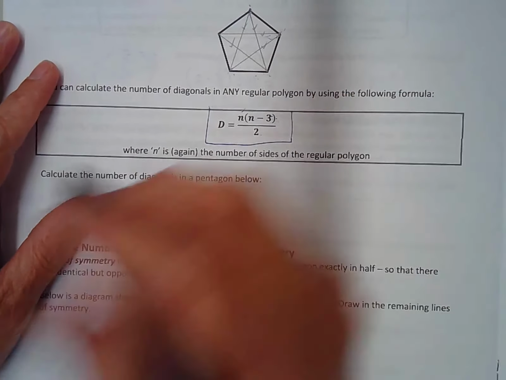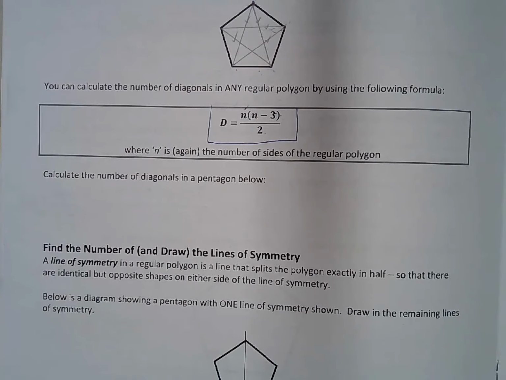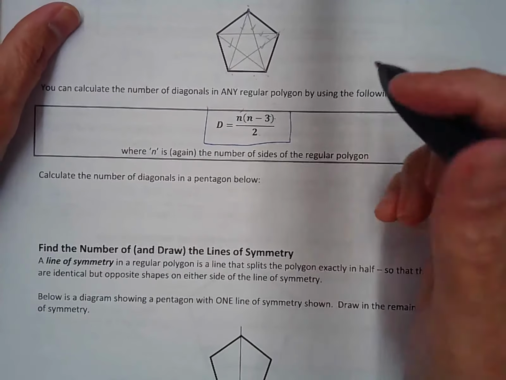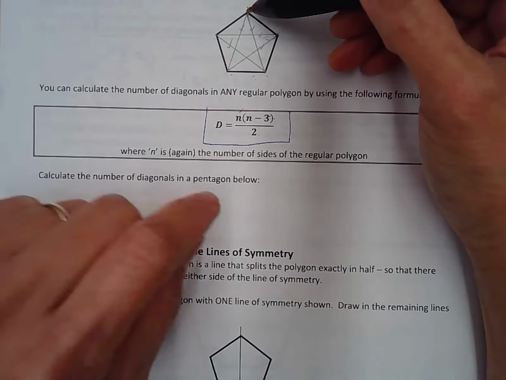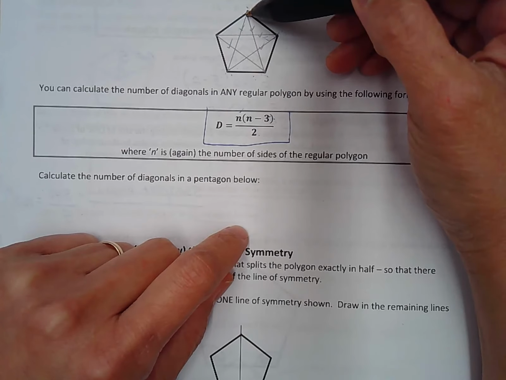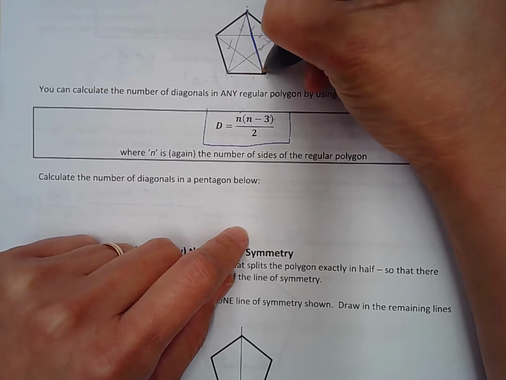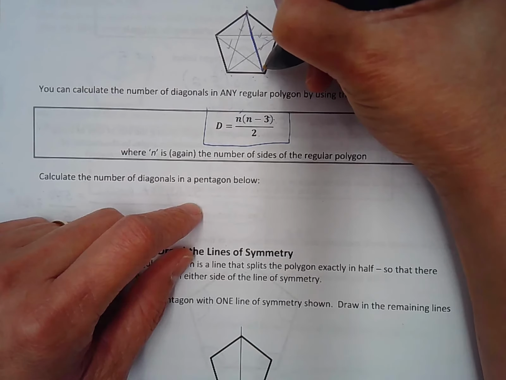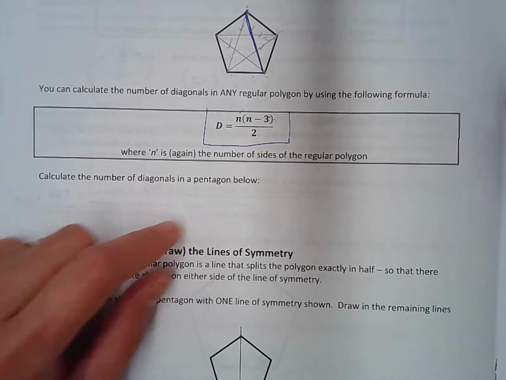What about dividing it by 2? Where did that come from? Because sometimes I want to make sure that we understand the formula that we're using in here. Earlier I said that if you're starting from this vertex to this vertex, that counts as 1 diagonal. But then when I move to here and I connect from this vertex to that vertex, that's 2 diagonals.